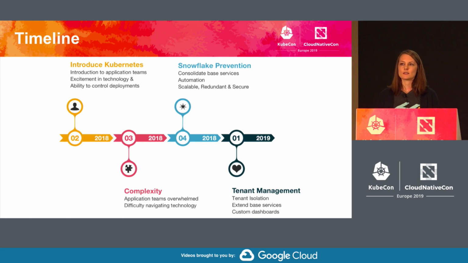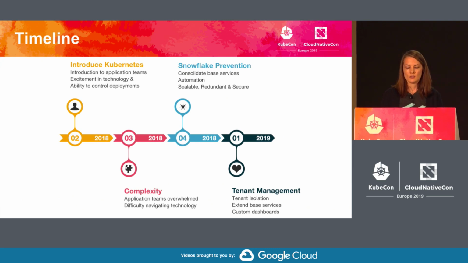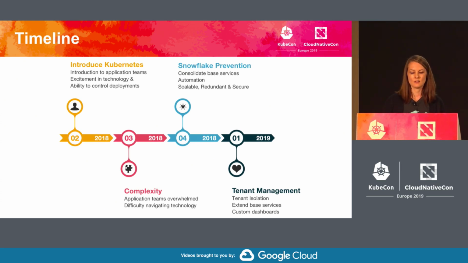So now let's discuss the timeline of our journey. In early 2018, we introduced Kubernetes to application teams. They were excited about the ability to control deployments and really wanted to learn more. They quickly realized that it was complex, and third quarter of 2018, application teams seemed to be overwhelmed, and they were having a difficult time navigating the technology.